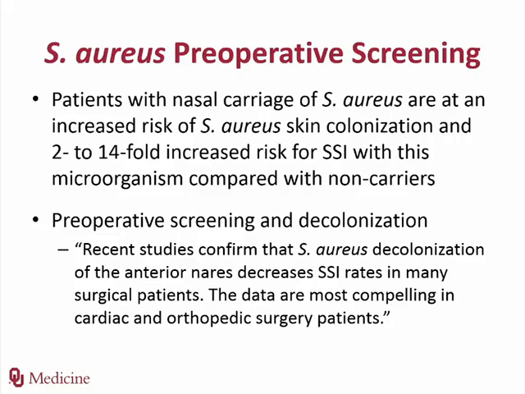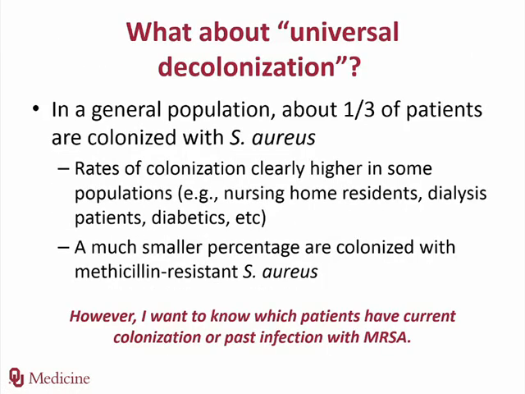Note I said Staph aureus. I didn't say methicillin-resistant Staph aureus. It's both, methicillin sensitive or methicillin resistant. And there have been some good studies, I'm not going to go into them now, that have shown that if you decolonize the patient, you reduce the risk of a surgical site infection.